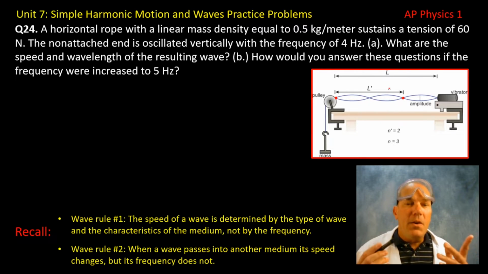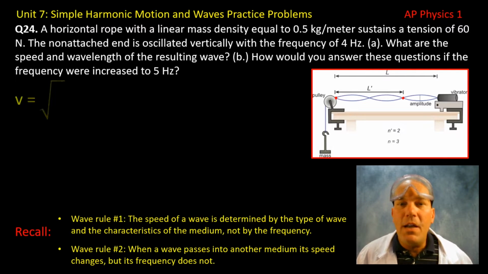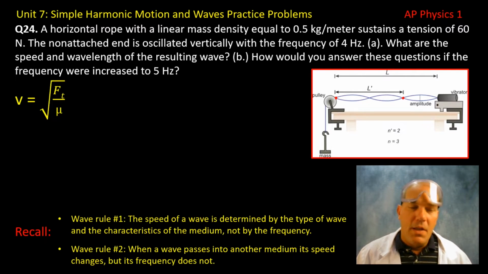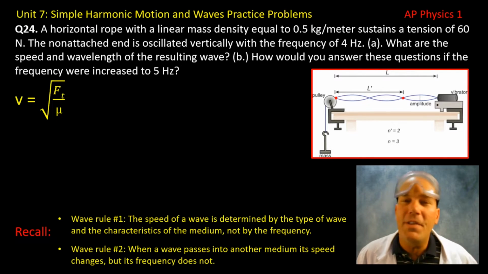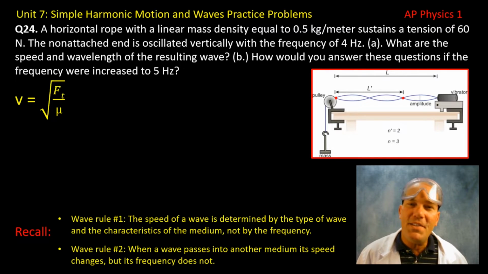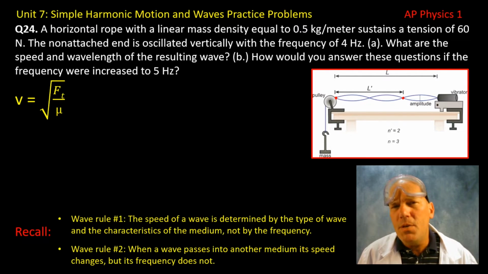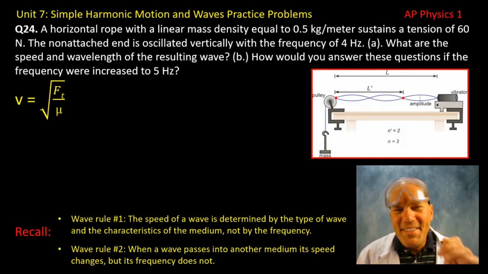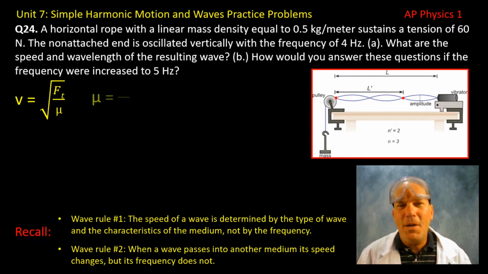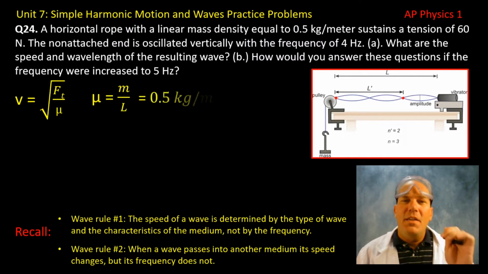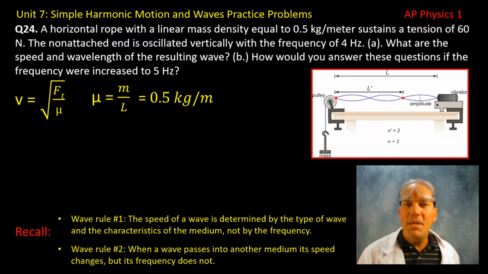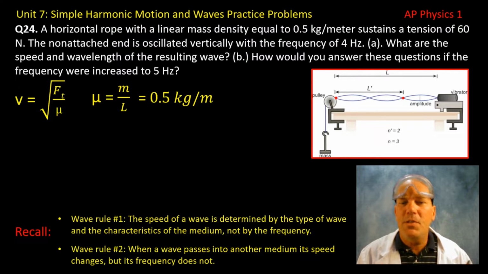All right, so now let's look at our new equation. So velocity is equal to the square root of the force of tension divided by mu. Mu is the linear mass density given in this problem. Mu is in SI units of kilograms per meter. So in this problem, you're given mu to be 0.5 kilograms per meter.